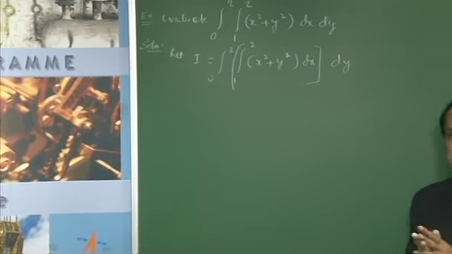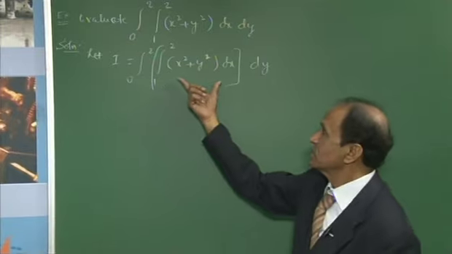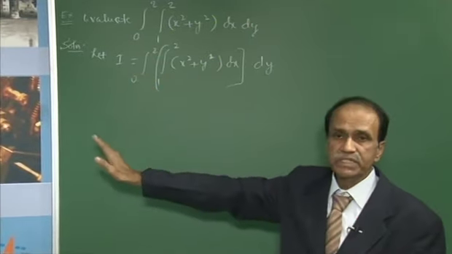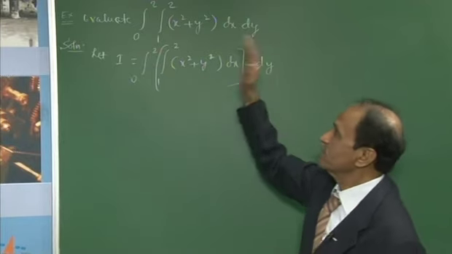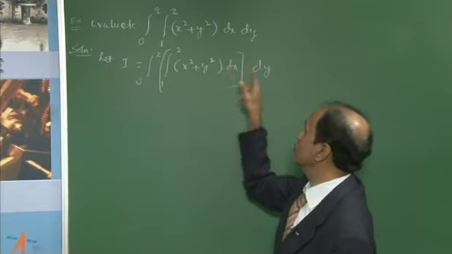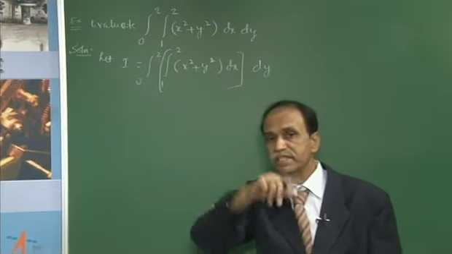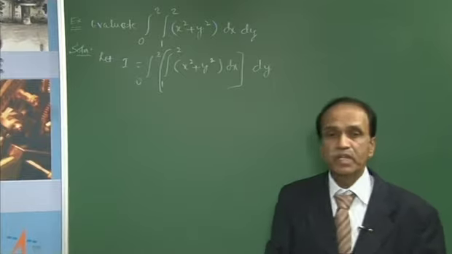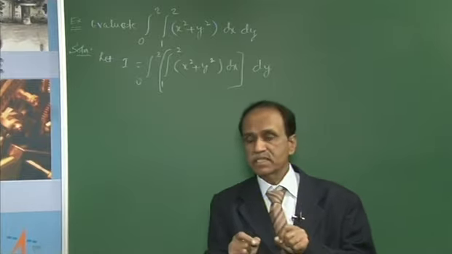What do you mean by this? This is the innermost integral and the adjacent one is the outermost integral. You cannot integrate between 0 to 2 with respect to y first and then the innermost integral, because the application meaning goes like this.